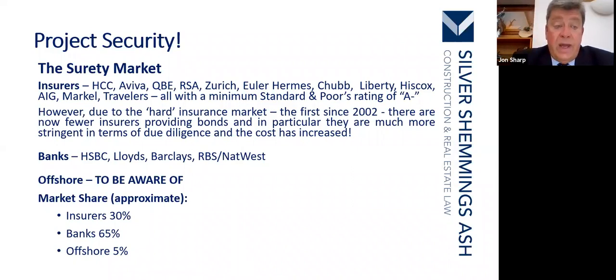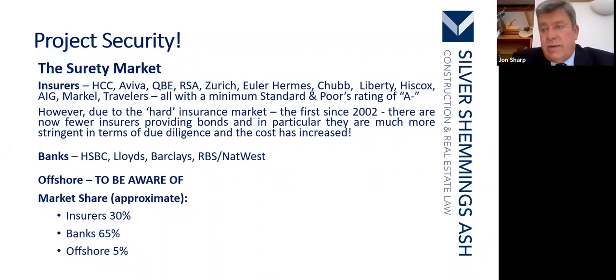The result of that was many insurers pulled out of the market. So there are now fewer insurers providing bonds, and in particular, they are much more stringent now in terms of due diligence, and the costs have increased. Not only was the Lloyd's inquiry, sorry, the Lloyd's action basically reduced the numbers of syndicates who were prepared to offer.